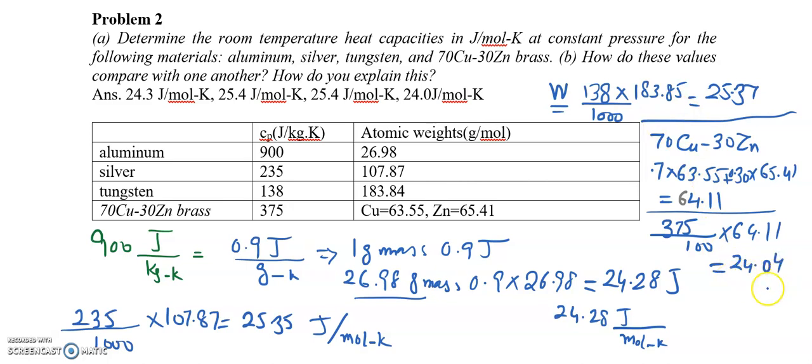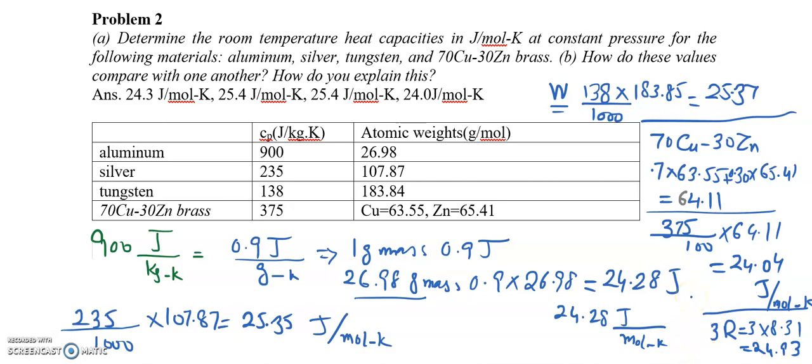As you can see in joule per mole Kelvin, all these four values are very near to each other. These values are almost equal to 3 times the gas constant. 3 times 8.31 is equal to 24.93 joule per mole Kelvin.